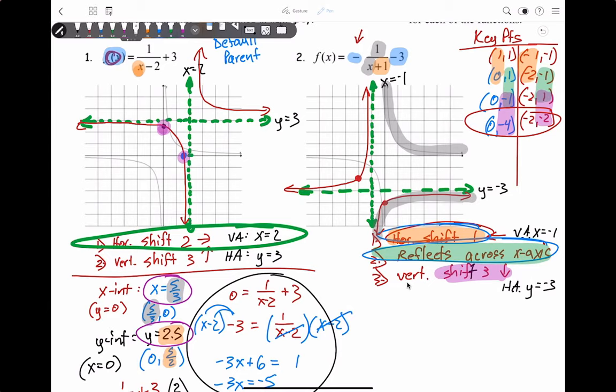Just like this original gray piece got vertically reflected and ended up crossing some kind of x-axis orientation and now looks like that. That's what happened by hand. So there's a lot going on with those reflections. But nonetheless, the reason why I did the key points for number 2 and the x and y intercepts for number 1 is just to save time, but you would do both on every single equation that you would be working with.